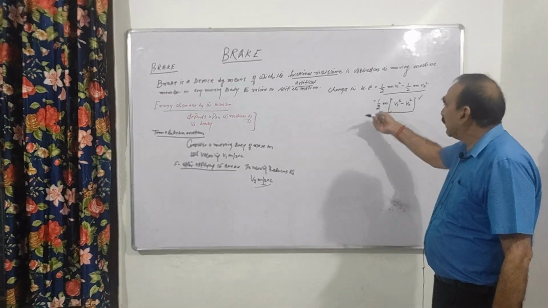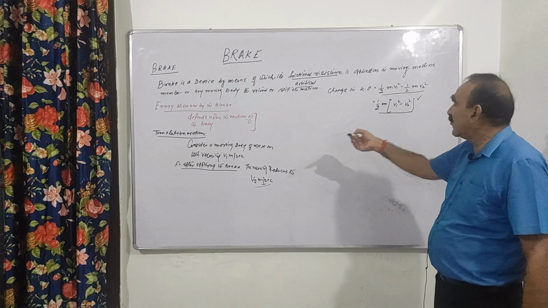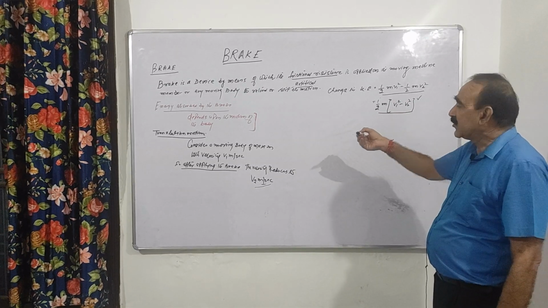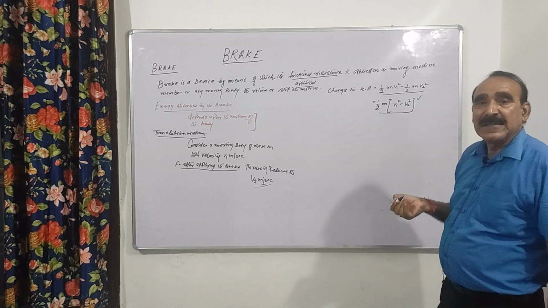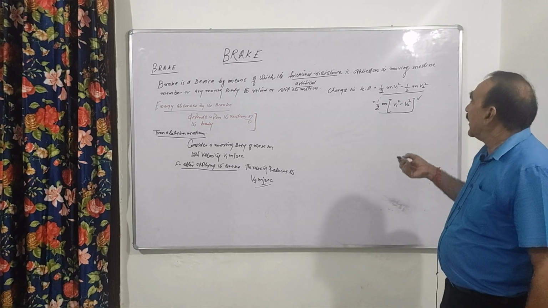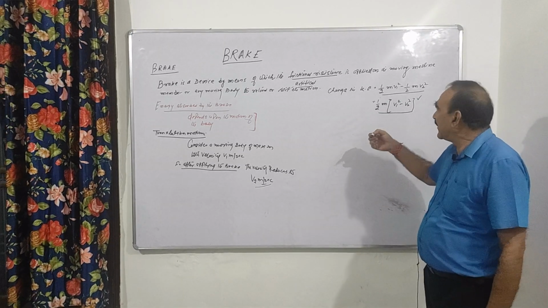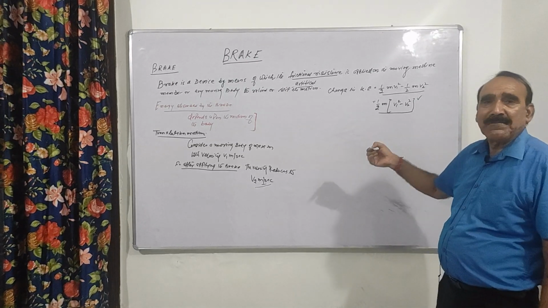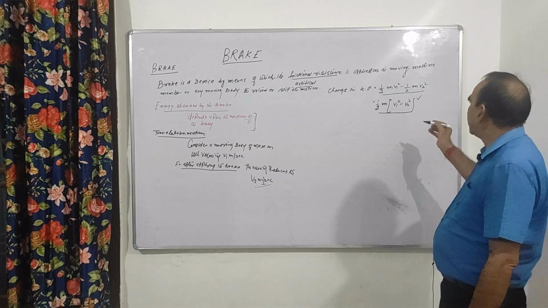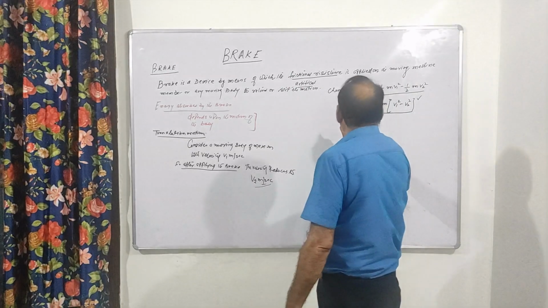So if I say this is simply retarding the speed, it means the speed is changing from v1 meter per second to v2 meter per second, but still the body is moving.